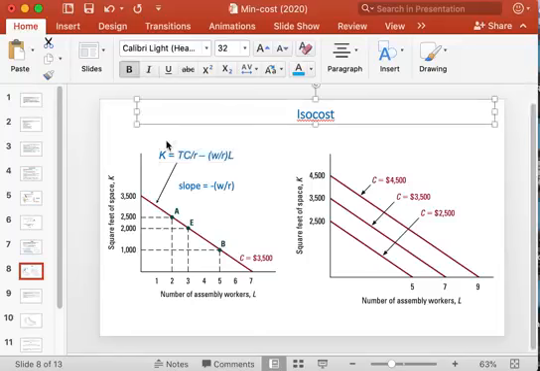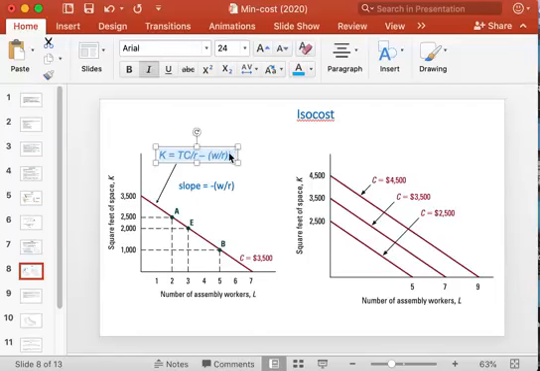And this equation you can plot again on the same two-dimensional Cartesian coordinate, where the horizontal axis represents the quantity of assembly workers and the vertical axis represents the square feet of space K. On this Cartesian coordinate, if you plot this equation, which you derived by rearranging the equation for total cost in terms of capital, you will get this line.